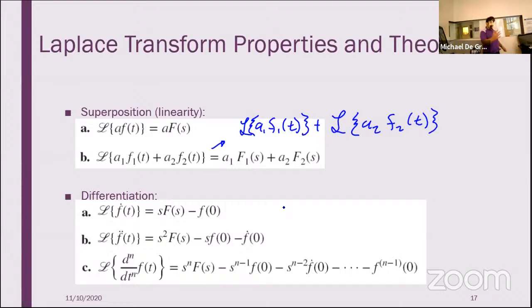So you can distribute the Laplace transform across the different parts of this function.